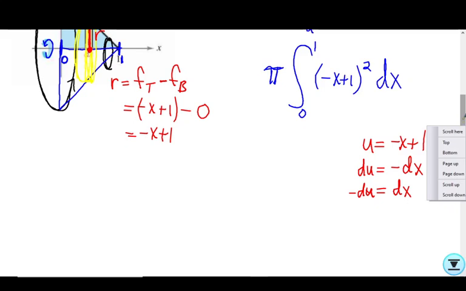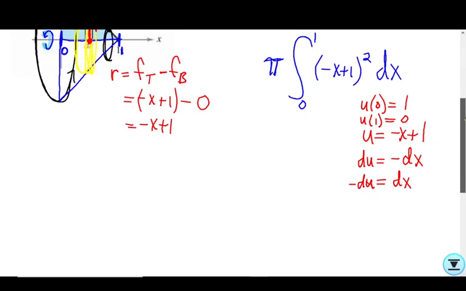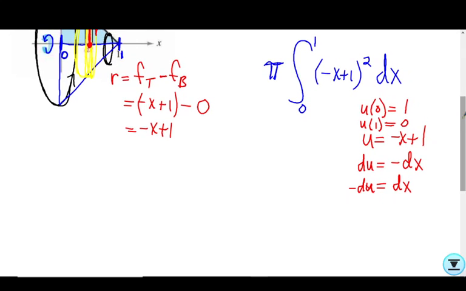Now, the other thing I'm going to do is change my upper and lower limits. So when I plug in 0 for x, u is 1, and when I plug in 1, u is 0. Okay, so here we go. I'll rewrite my integral: pi times the integral, and since I'm changing my limits in terms of u, it's from 1 to 0 of u squared times negative du.